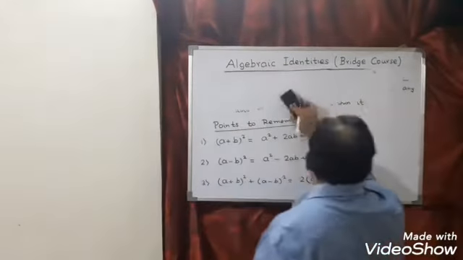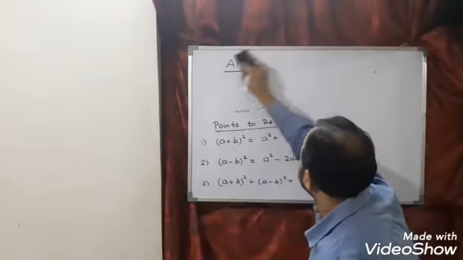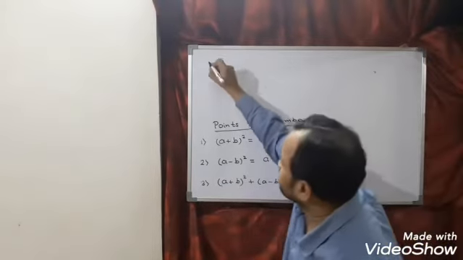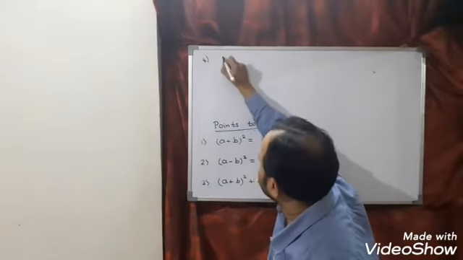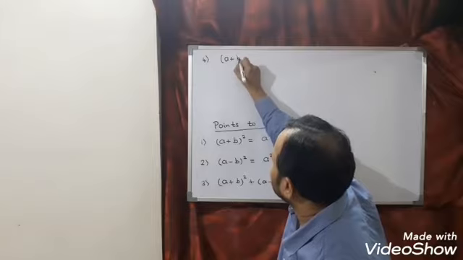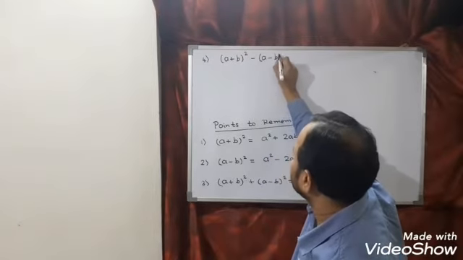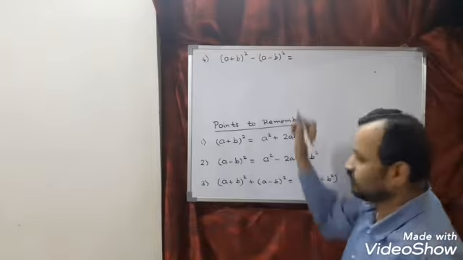Let us see the next formula. Fourth, a plus b whole square minus a minus b whole square is equal to.